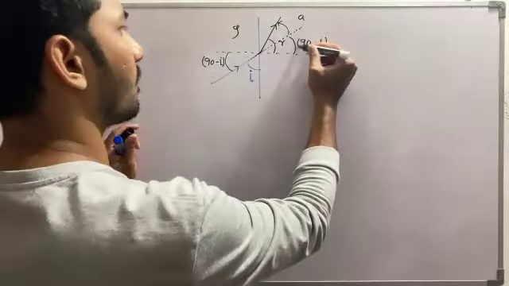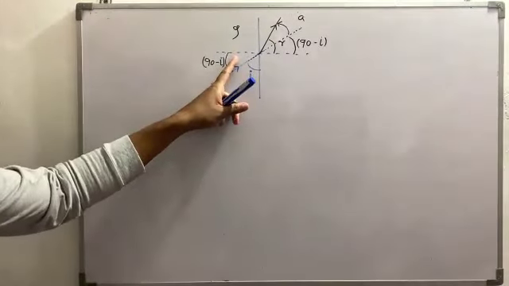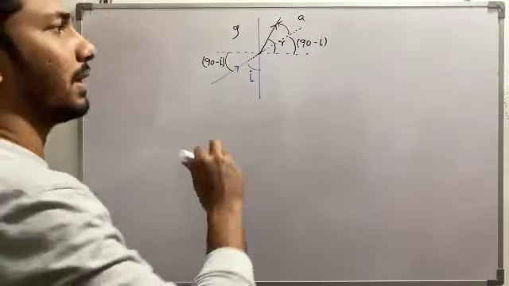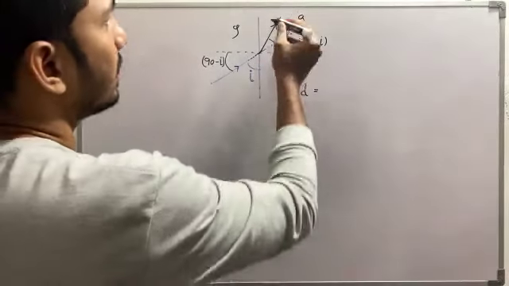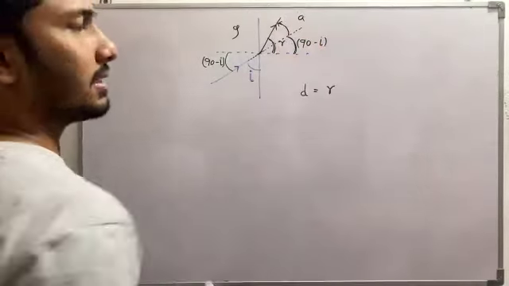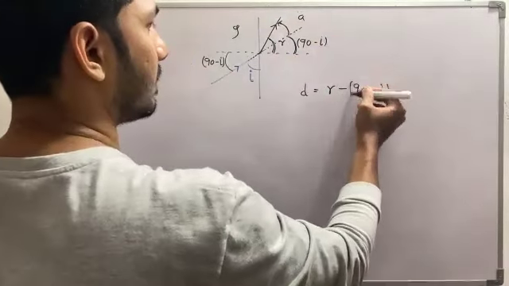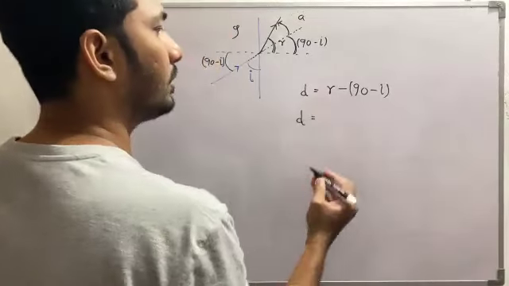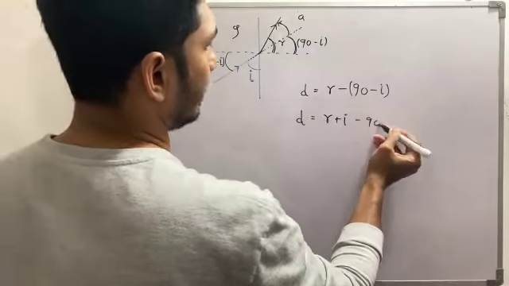If they had given the incident angle correctly, then we would say it is I. So there is a confusion in this question. But whatever it is, I can tell you the deviation is the difference. This is R, and you subtract this incidence: R minus (90 minus I). And D will be equal to R plus I minus 90.